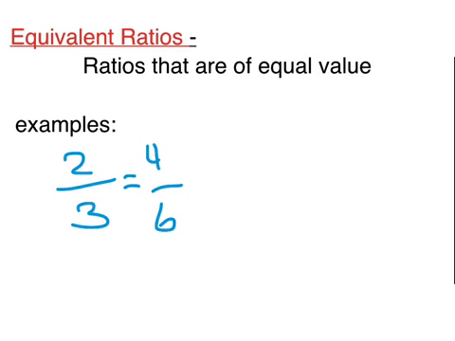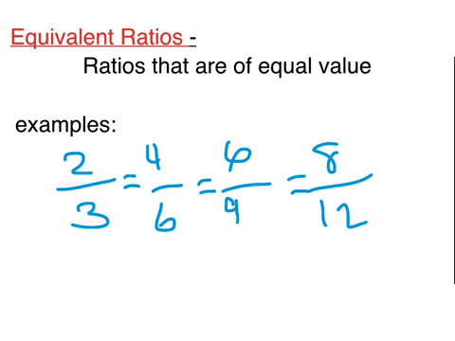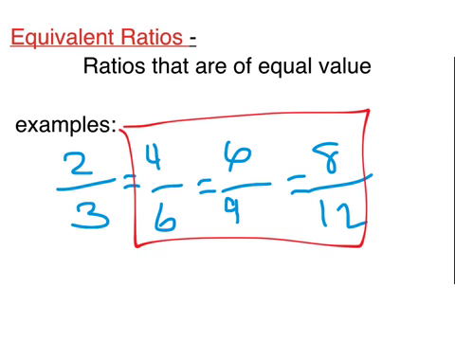And that's equal. If I multiply 2/3 by 3, I'd get 6/9. And that's still equal, right? If I multiply 2/3 by 4, that would be 8/12. Still equal, right?